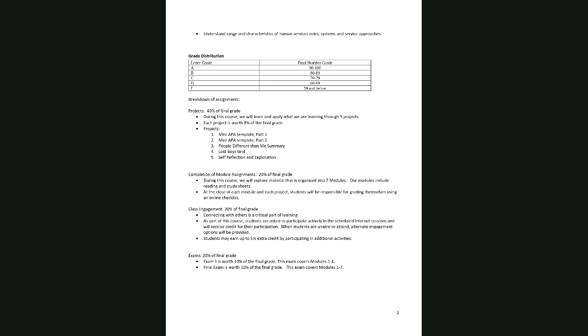And then I will have some other activities as we go along that if you choose to participate, those will be for extra credit. And then we have 2 exams in this one. A midterm, that is the first 4 modules, and then the final exam, which is all the modules.